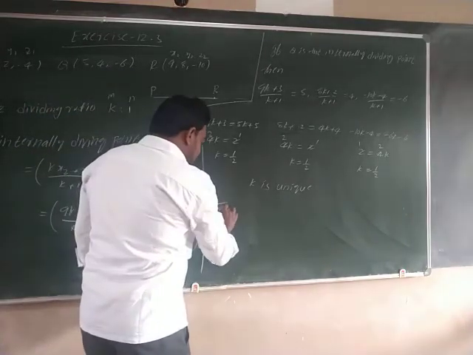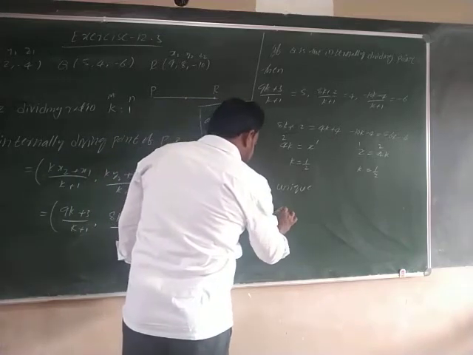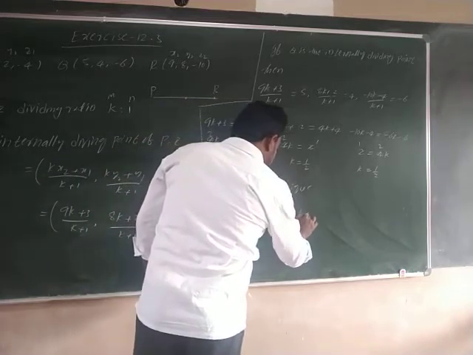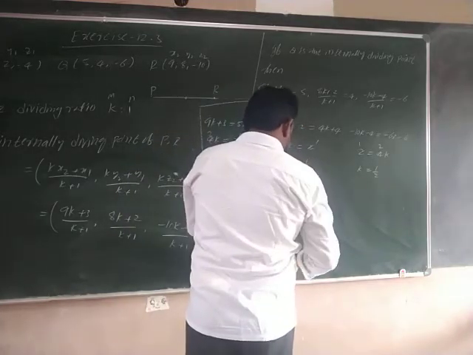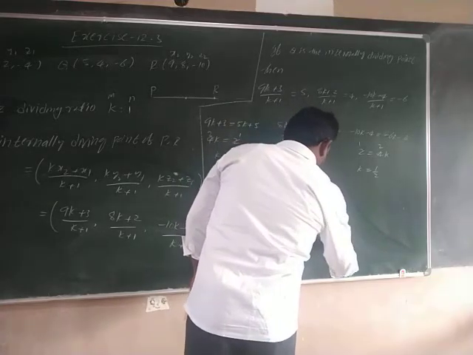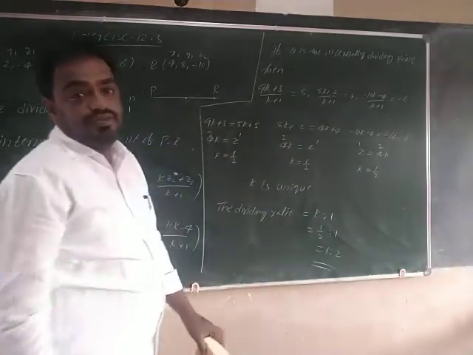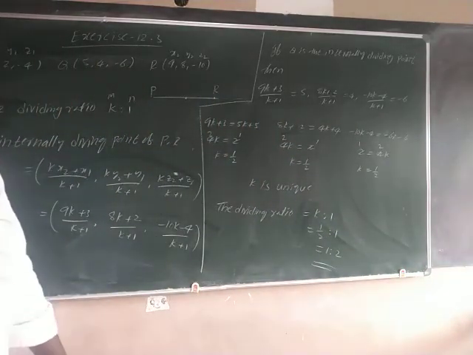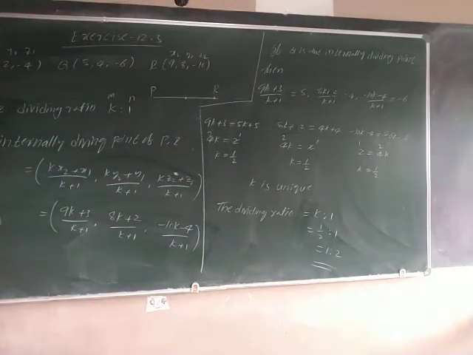Now, the dividing ratio is k is to 1, so 1/2 is to 1, nothing but 1 is to 2. This is the answer: Q divides PR in the ratio of 1 is to 2.